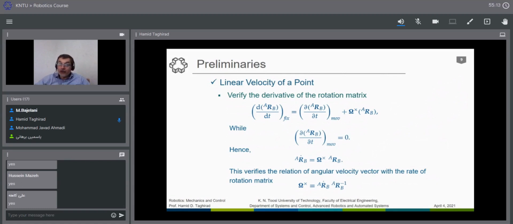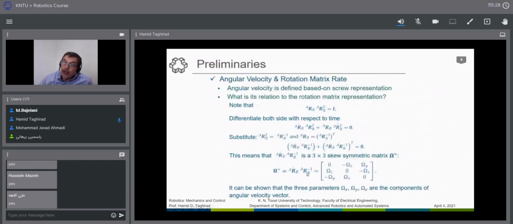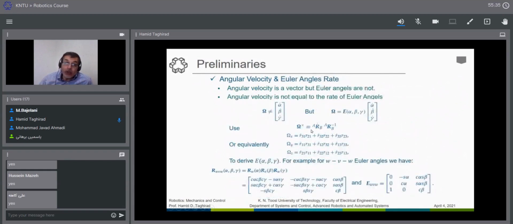So I went through very simple preliminaries here. Not simple, the most significant ones, I can say. And just to review, first, the definition is given by the screw. The relation between R and omega is given by a skew-symmetric matrix. We know that the Euler angle rate is not equal to omega, and we should find an E matrix, a difficult manipulation.